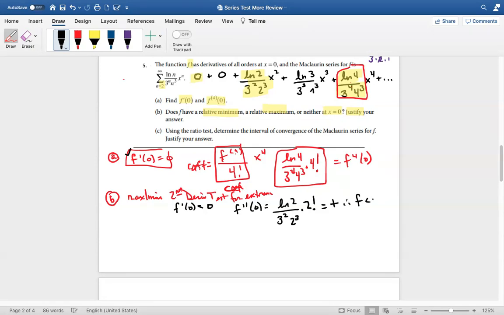Therefore, f is concave up and has a horizontal tangent. And with a horizontal tangent and being concave up, you must have a local min. And there's all my justification as well. Done.